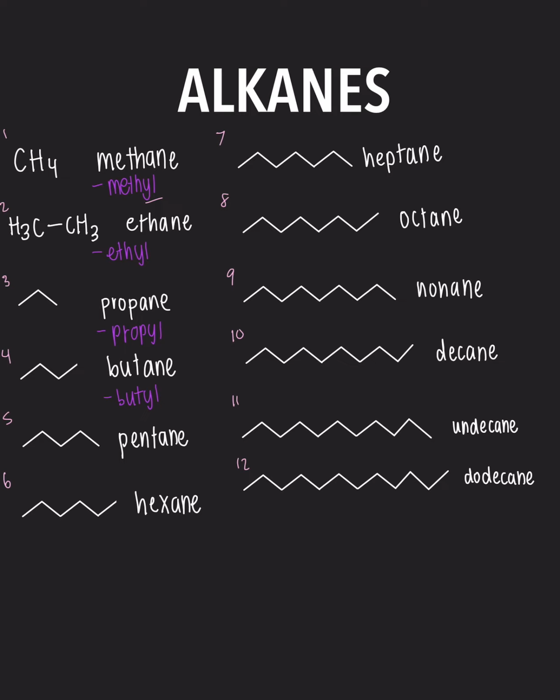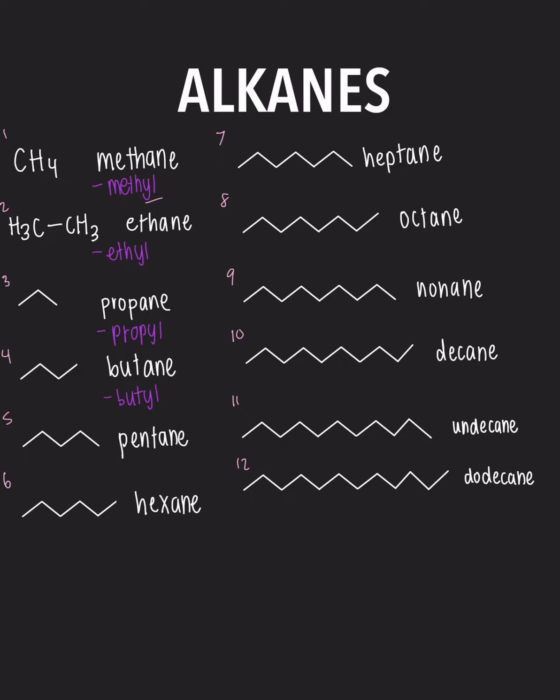The substituents end in YL, so methyl, ethyl, propyl, butyl. But I'll go over that momentarily. Just wait. Ethane is 2 carbons, propane is 3 carbons, butane is 4 carbons, pentane is 5 carbons, hexane is 6, heptane is 7, octane is 8, nonane is 9, decane is 10, undecane is 11, and dodecane is 12.